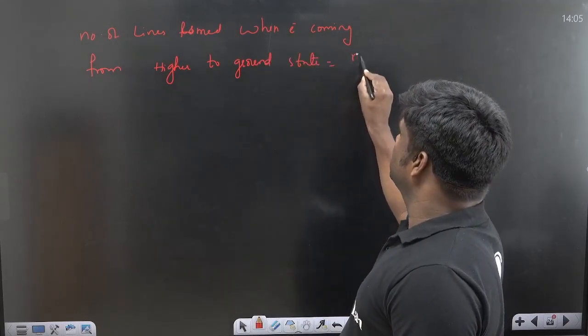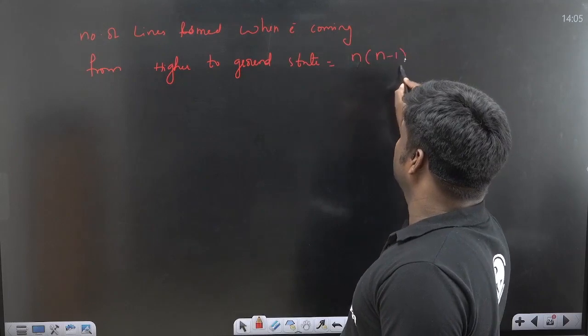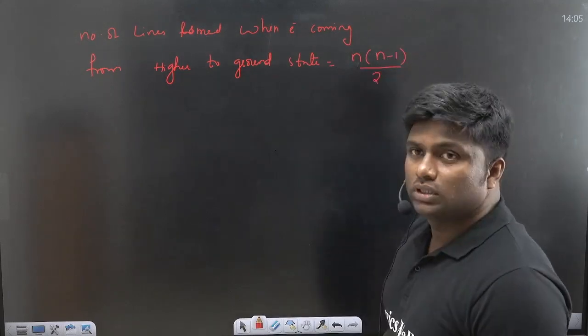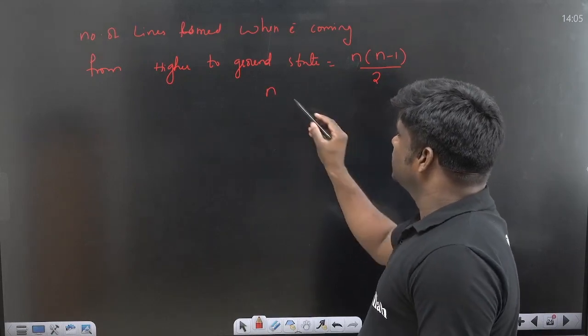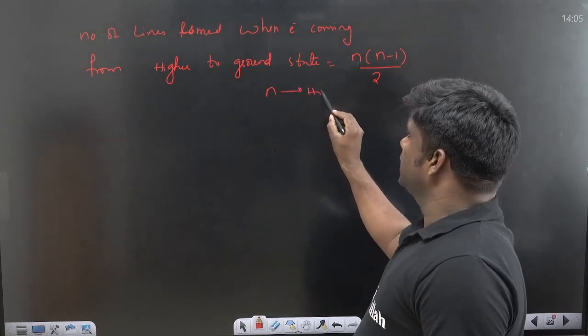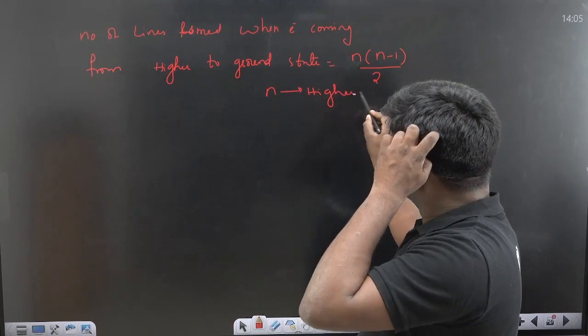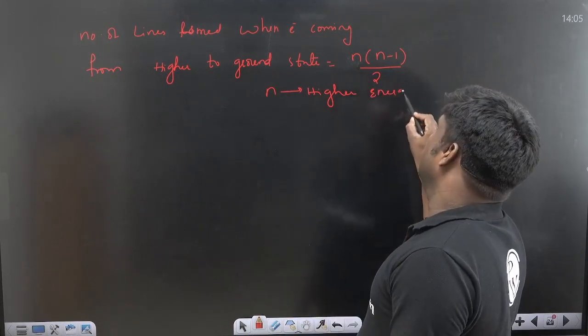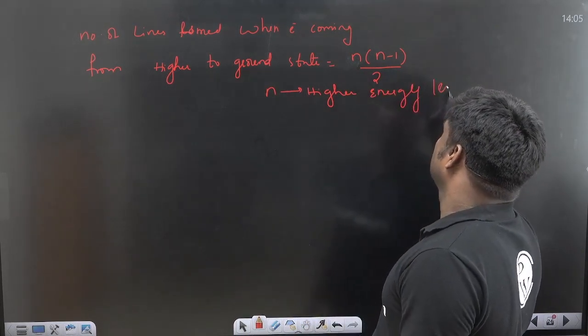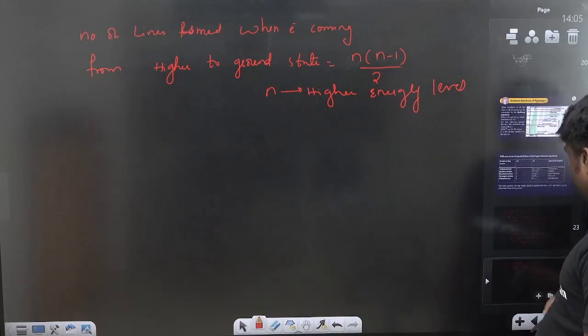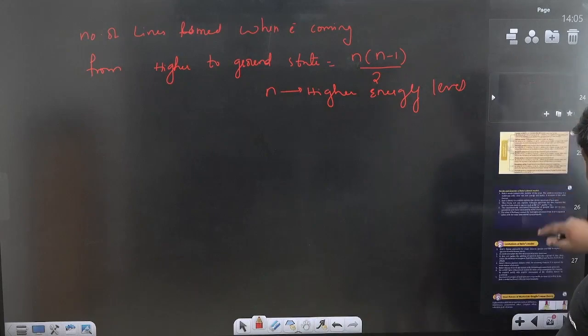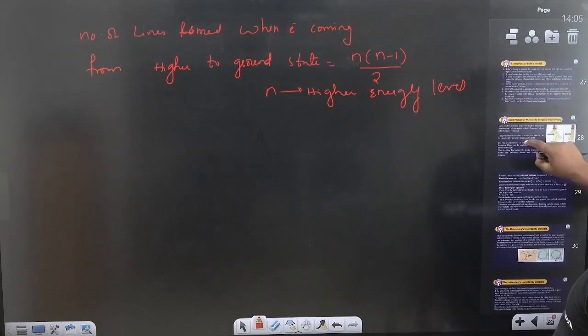The formula is n into n minus 1 by 2. Here n is the higher energy level. These are the important formulas which you need to remember.